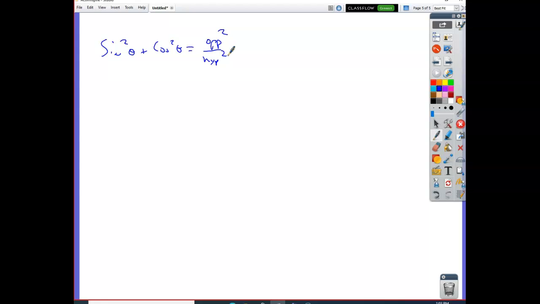Plus, what's cosine? Adjacent over hypotenuse, so adjacent squared over hypotenuse squared. So what does that equal? That equals opposite squared plus adjacent squared over hypotenuse squared. What does that obviously equal?